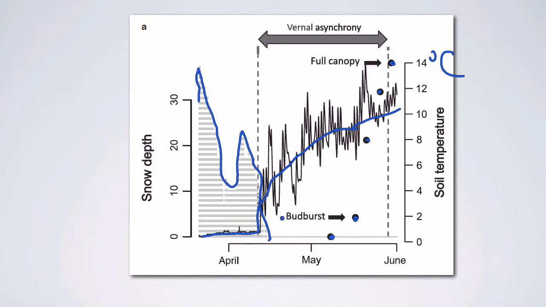So when you have very few leaves in a system and the snow is melted, you go from a high albedo system to a lower albedo system, but one where most of that energy is partitioned into warming of the ground in the ecosystem. And then that generates sensible heat flux. But once the leaves come out, the energetics shifts from one where it's sensible heat flux and ground heat flux to one where most of that energy goes into evaporating water.